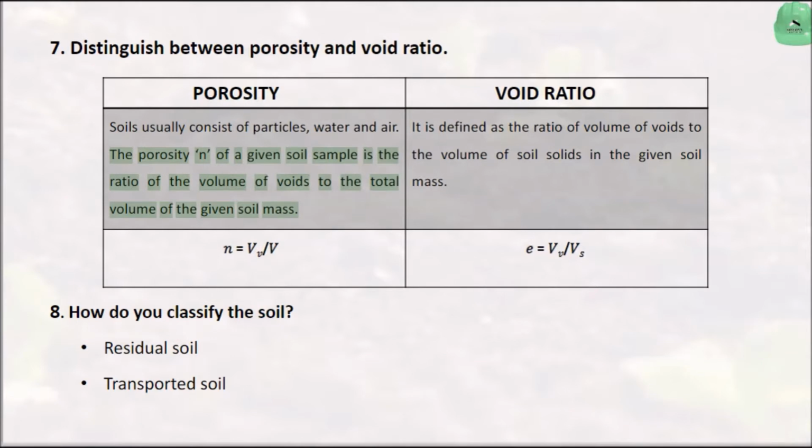The porosity n of a given soil sample is the ratio of the volume of voids to the total volume of the given soil mass. Void ratio is defined as the ratio of volume of voids to the volume of soil solids in the given soil mass.